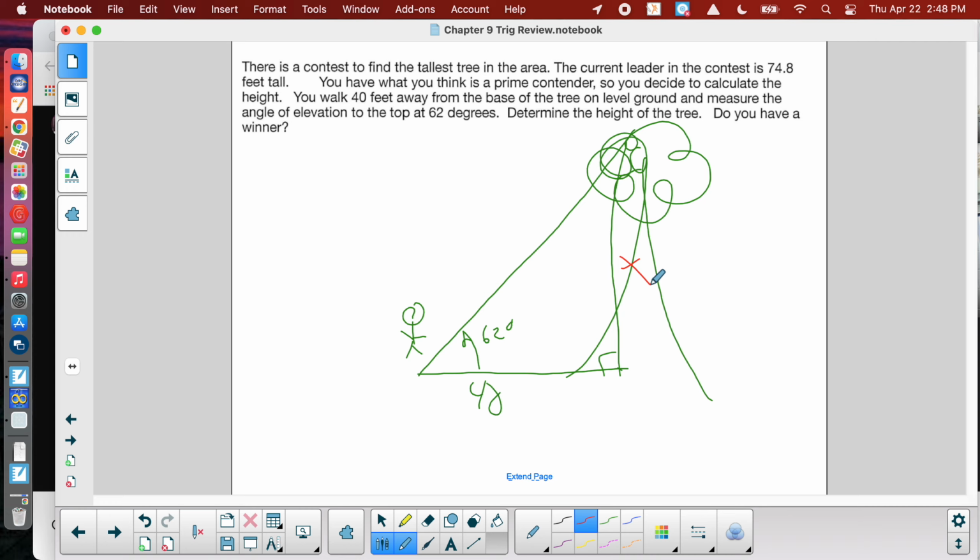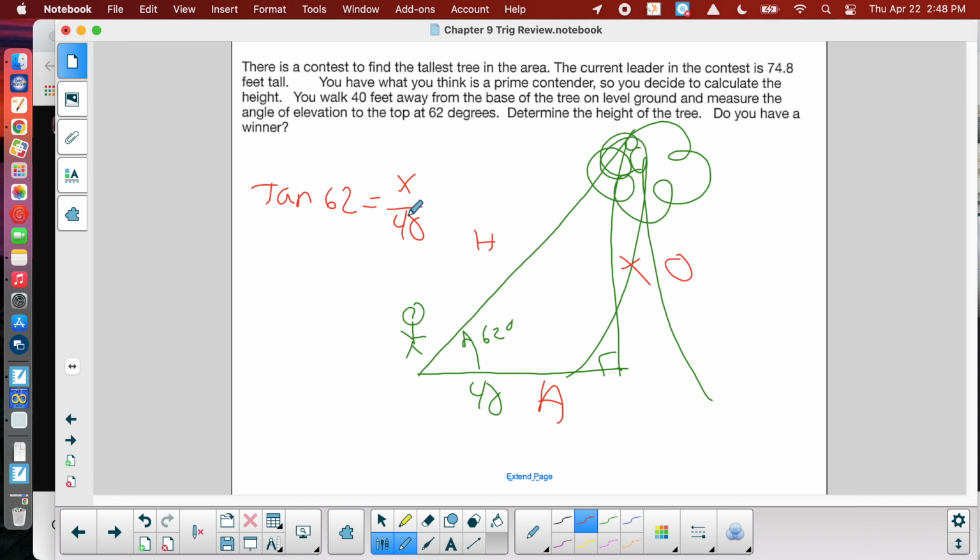That's just a plain old SOHCAHTOA problem, isn't it? Hypotenuse is here, x is the opposite, this is the adjacent. Tangent of 62 is opposite over adjacent.